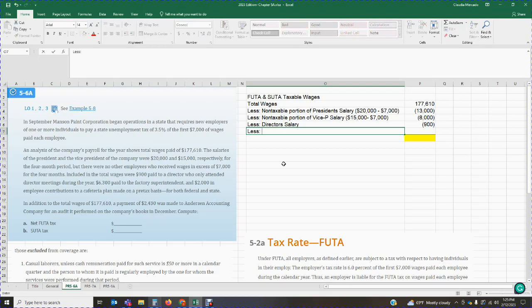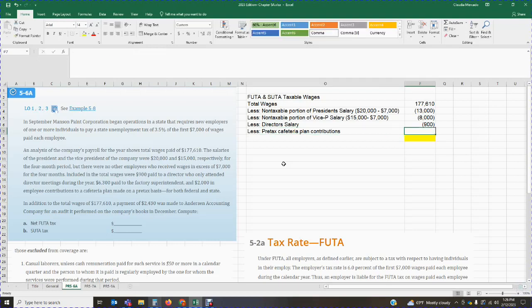So we're going to deduct the pre-tax cafeteria plan contributions. Okay. So that is $2,000.